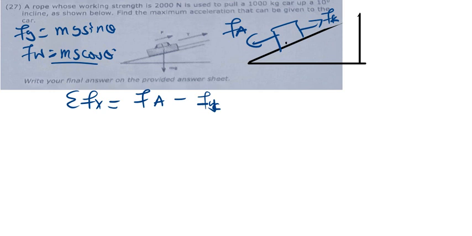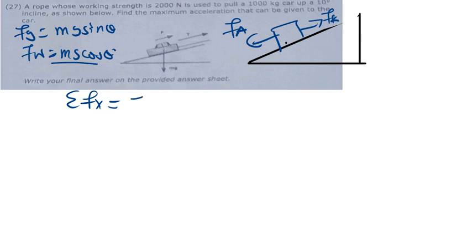Which force have we forgotten to include here, as long as we're talking about an inclined plane? The force Fg. So where should I put Fg? On the first one, sir.